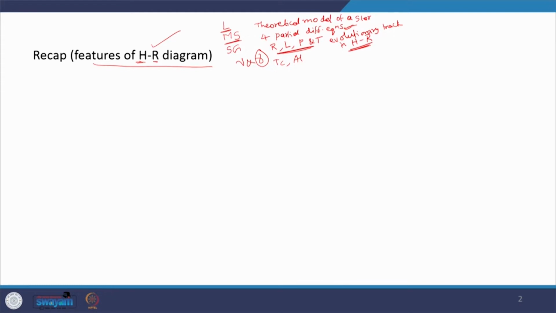In the modeling of a star, that means the stellar evolution model calculations, there are uncertainties due to incomplete knowledge of certain processes in stars, like mass loss, energy transport, rotation and magnetic fields.